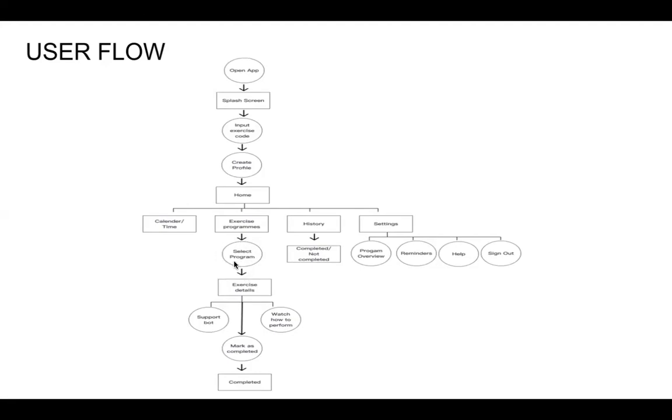So the select program, after creating a profile, after inputting exercise code. Are they not supposed to be on a particular program? Yeah. There will be a particular program, but in cases where the patient had knee pain in the past, and now the patient has shoulder pain, they can have different programs.